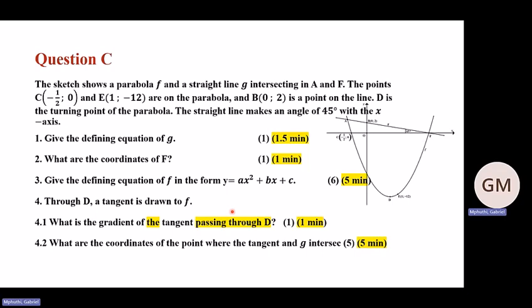Even though sometimes they might put in questions which require a bit of thinking, but it is easy.